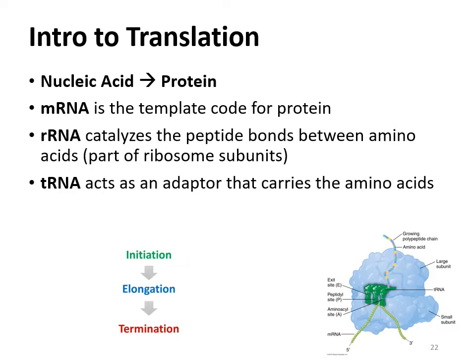You then have tRNA, which is going to be what's actually holding the amino acids and brings them together so that the ribosome can build the protein. Now with tRNA, sometimes you'll hear it referred to as charged or uncharged. Charged simply means that the tRNA currently has an amino acid, whereas uncharged means that the tRNA gave away its amino acid, so it's no longer holding any amino acid.